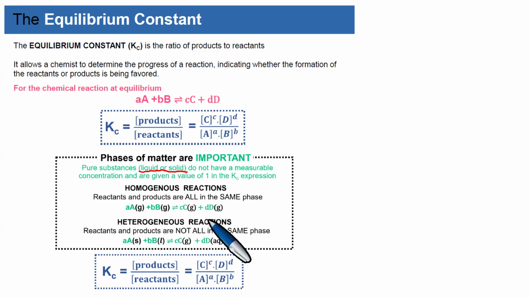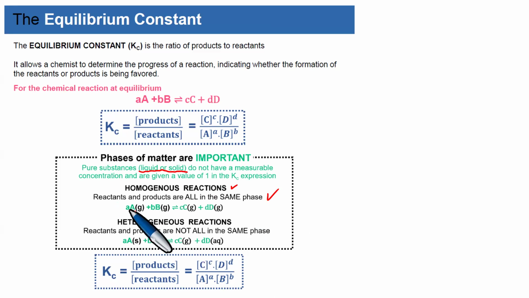There are homogeneous reactions and heterogeneous reactions. So we are speaking about two types of reactions: homogeneous versus heterogeneous. In homogeneous reactions, the reactants and products are all in the same phase.